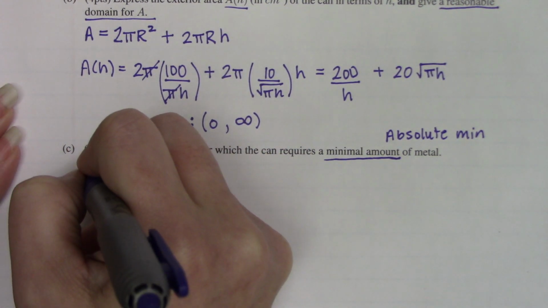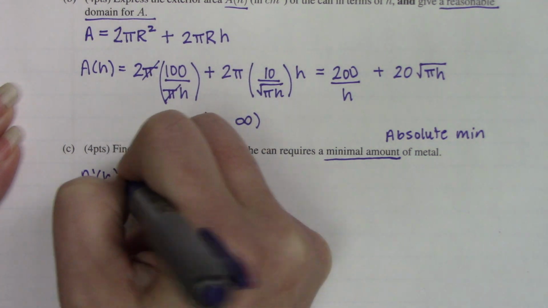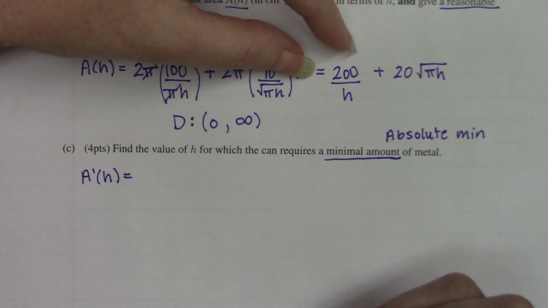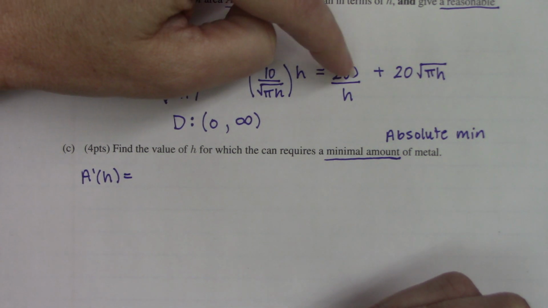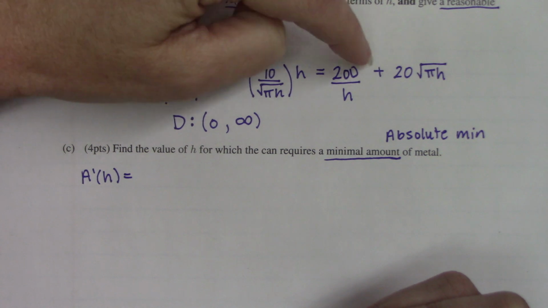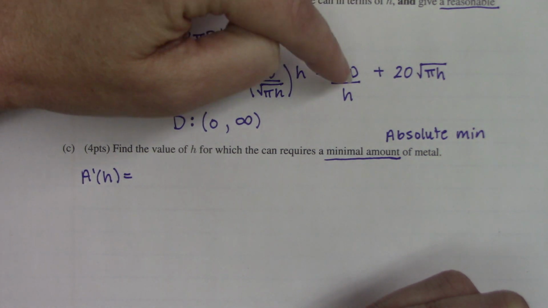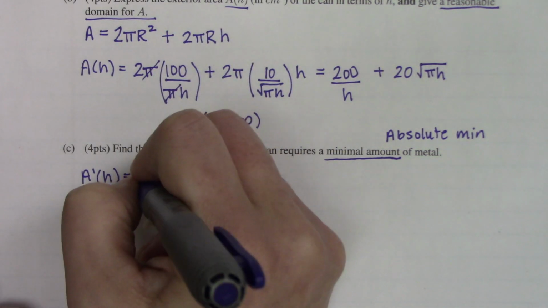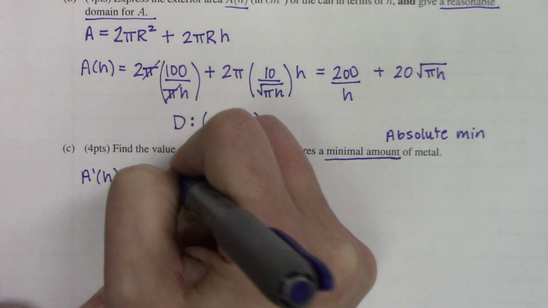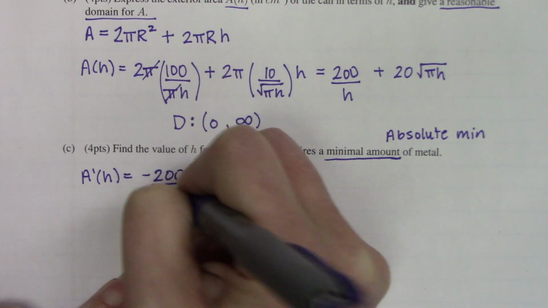So A prime of h, the derivative of 200 over h, that's the same thing as thinking of 200 times h to the negative 1. So you would get negative 200 times h to the negative 2. That works out to be negative 200 over h squared.